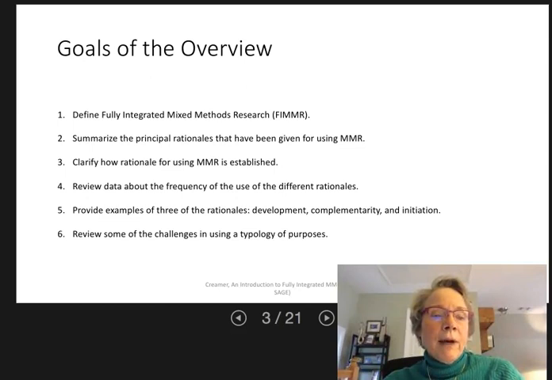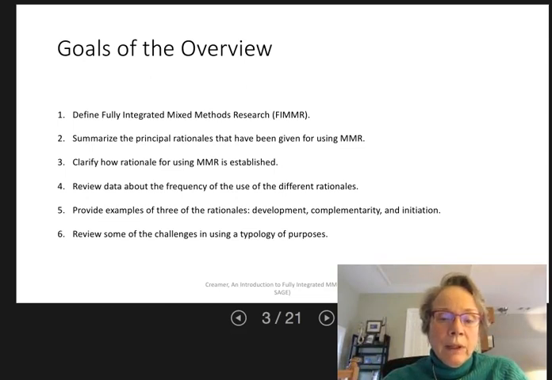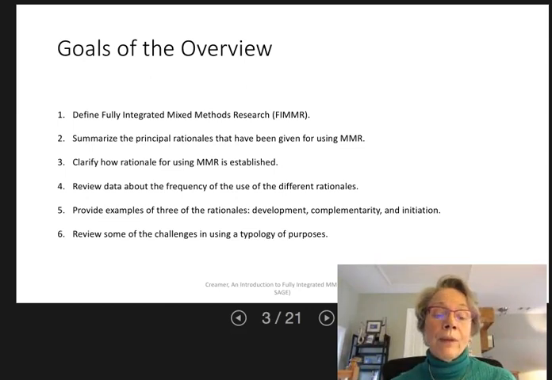I want to clarify how those rationales are established, tell you a little bit about how frequently each rationale is used, provide an example for 3 of those rationales, which I sort of picked arbitrarily because I like them, to tell you the truth, so I'm not going to review them all. And finally, to present some of the challenges for using a typology of purposes, or using the one that's been most prevalent in the literature.